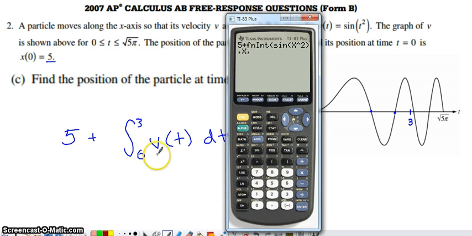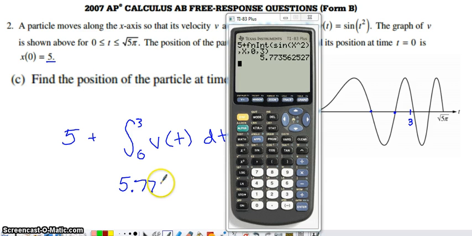Another comma. Then you're going to give the calculator the lower limit of integration. Another comma. Then you're going to give the calculator the upper limit of integration. And when I hit enter, the calculator is going to do this calculation for me without having to do it from the graph screen and then bring it back and add 5 to it. So we end up with a final position of 5.774 meters, miles from the origin at time t equals 3.